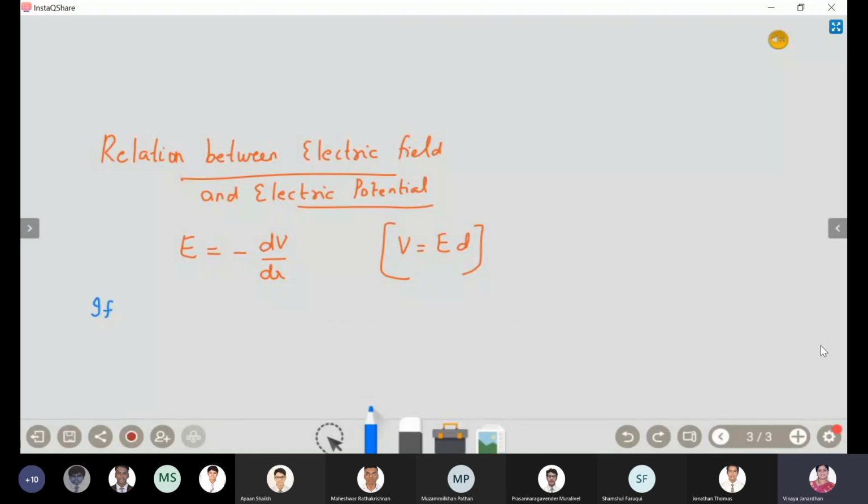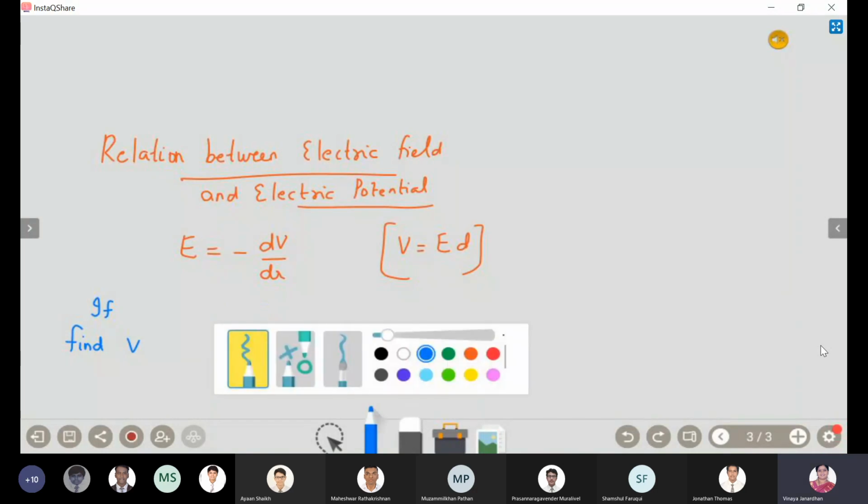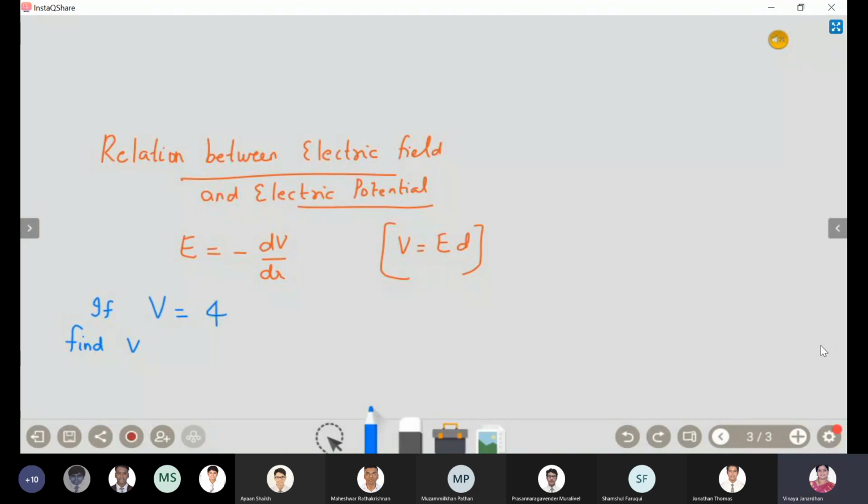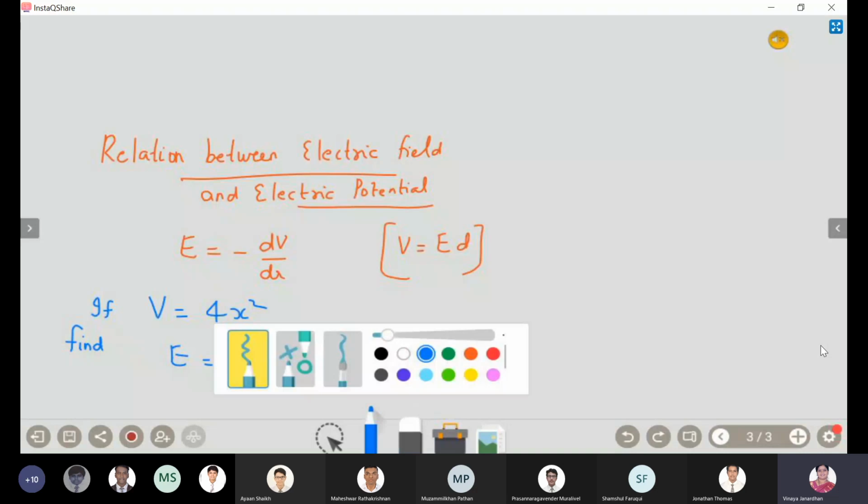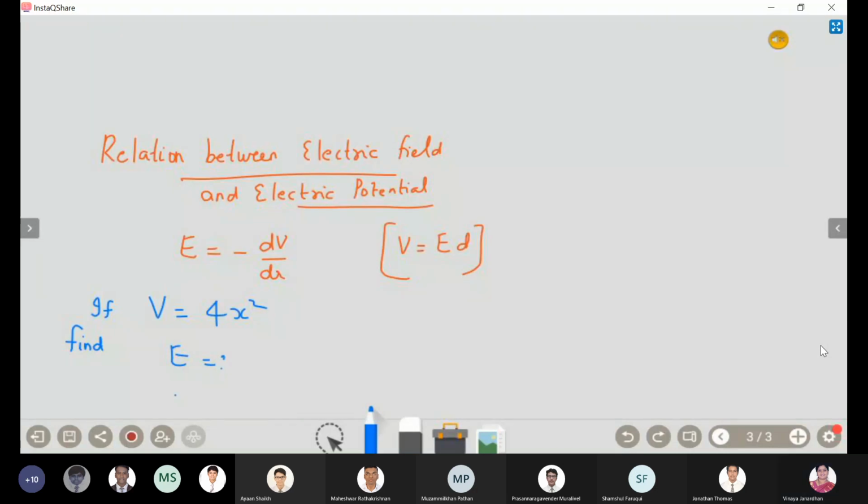If V is equal to 4x squared, find E. So E is equal to minus dV by dx.